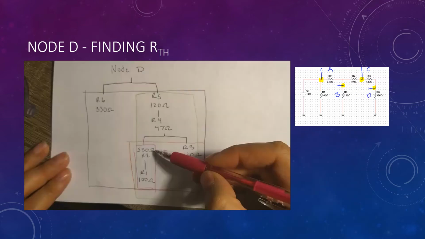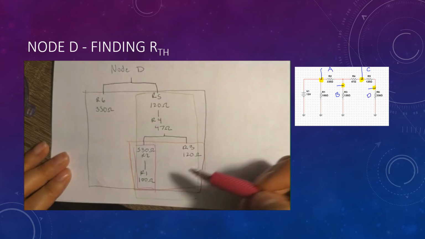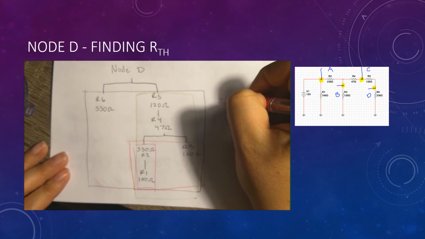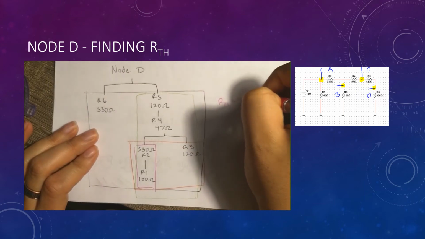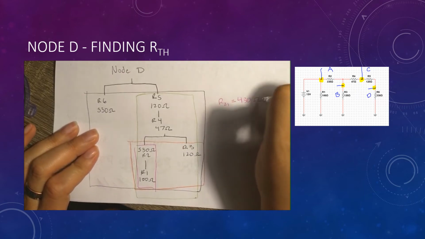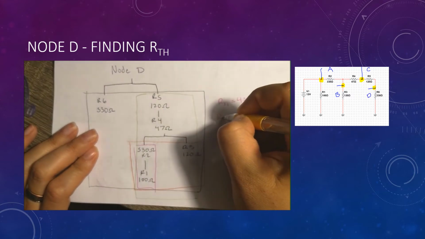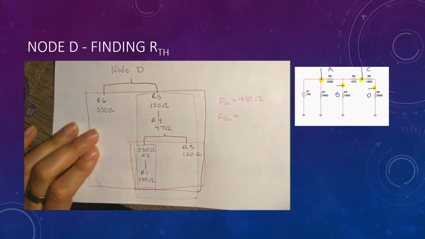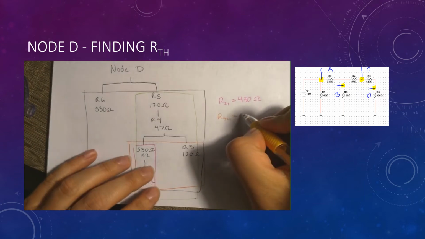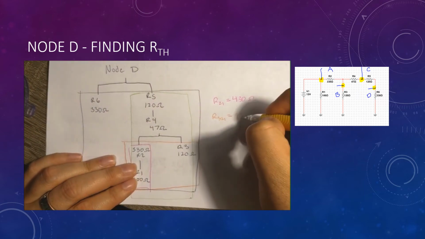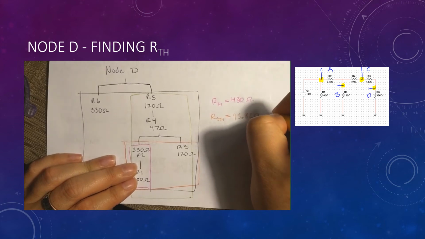So let's solve node D for the Thevenin resistance. Between R2 and R1 in series, we'll end up with 430 ohms. Taking R2, R1 in series, measured against parallel R3, gives us the result of 93.82 ohms.